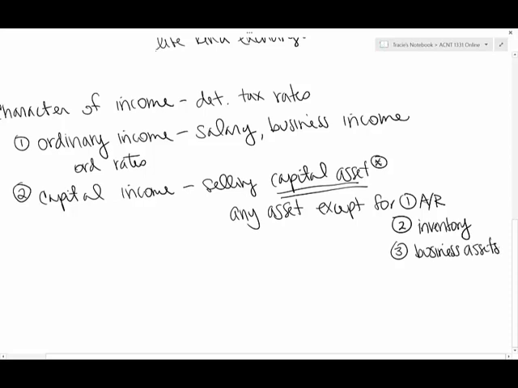So what is a capital asset? Capital assets are all personal assets. They are also all investment assets like our stocks and our bonds.